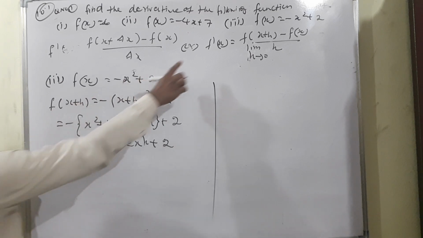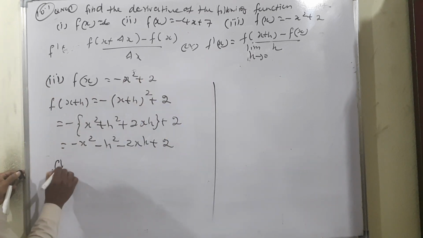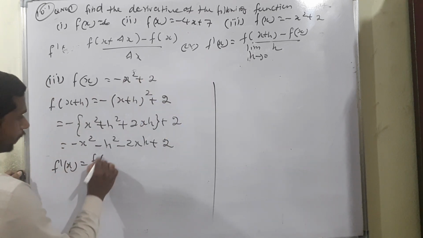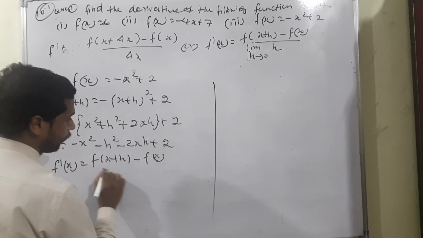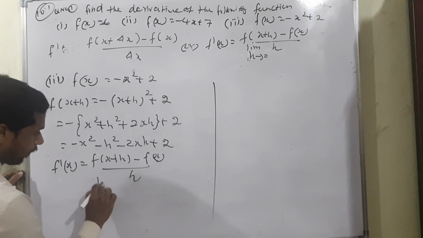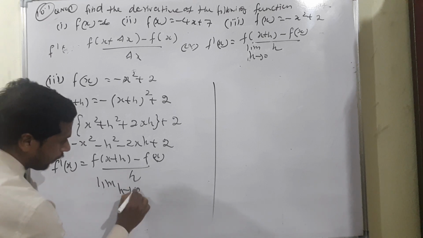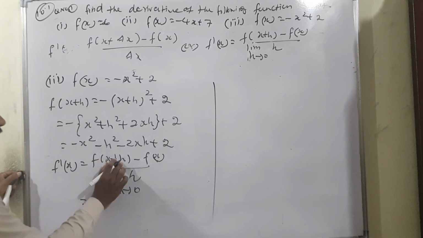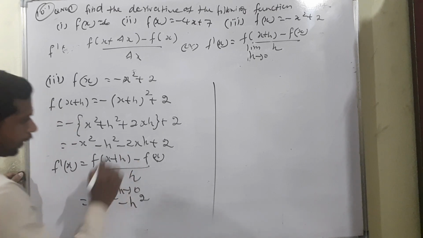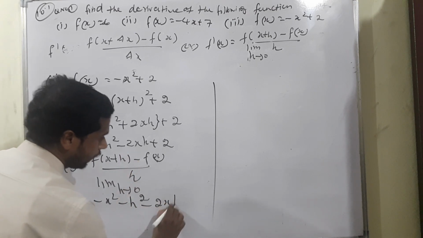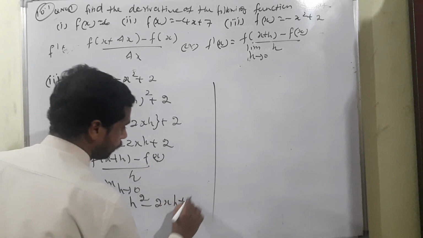Now we apply the main formula. F dash of x is equal to f of x plus h minus f of x divided by h, where the limit consideration is h tends to 0. F of x plus h is minus x square minus h square minus 2xh plus 2.